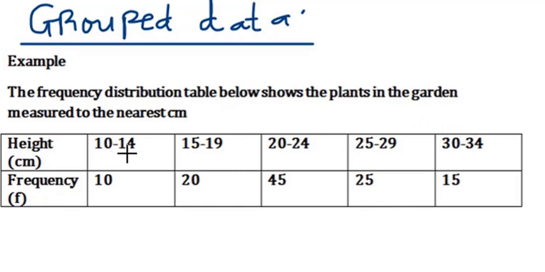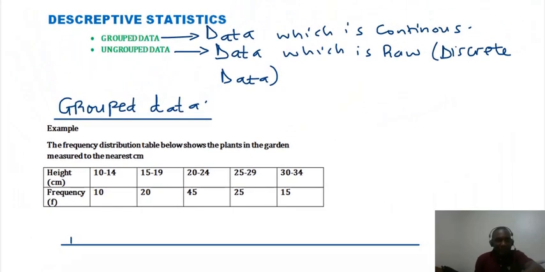But if you put this data on a straight line, so that we have here our 10, then 14 here, then the next one is 15 to 19, then you have 20 to 24, you have 25 to 29, then you have 30 to 34. Now these are our classes.